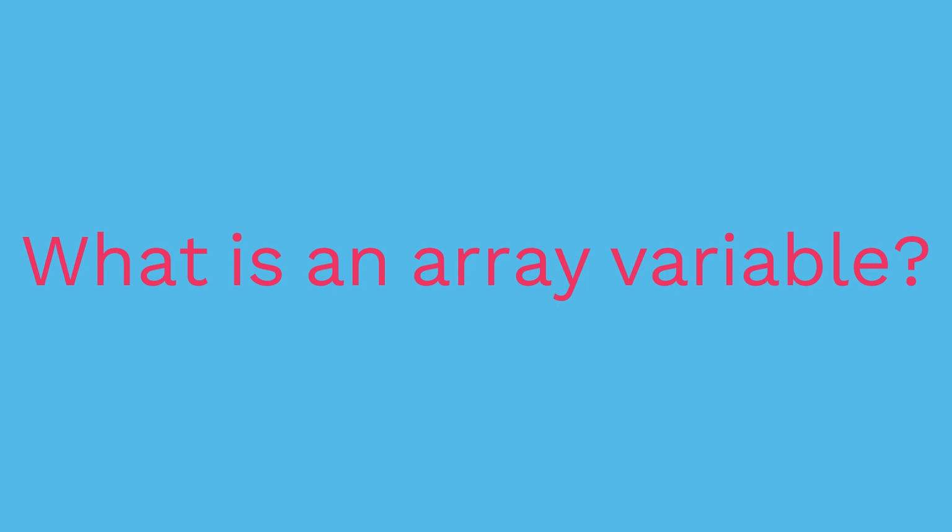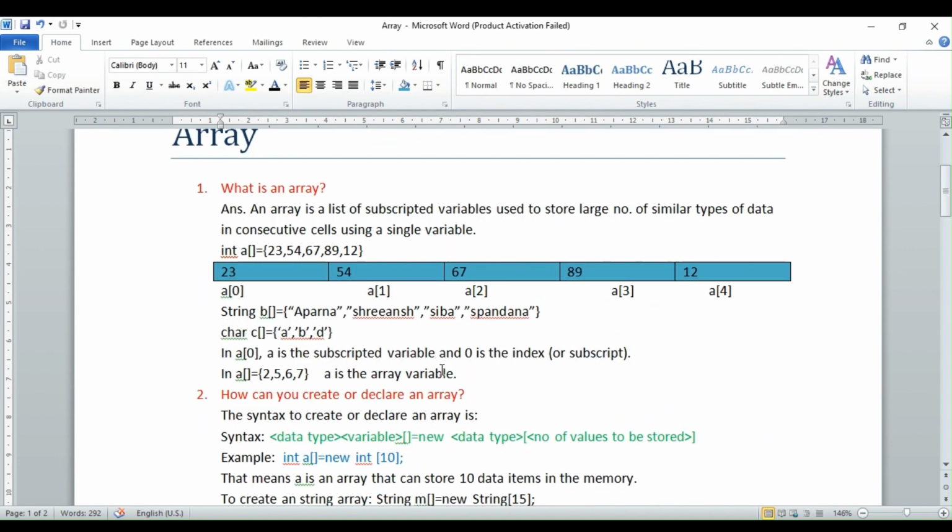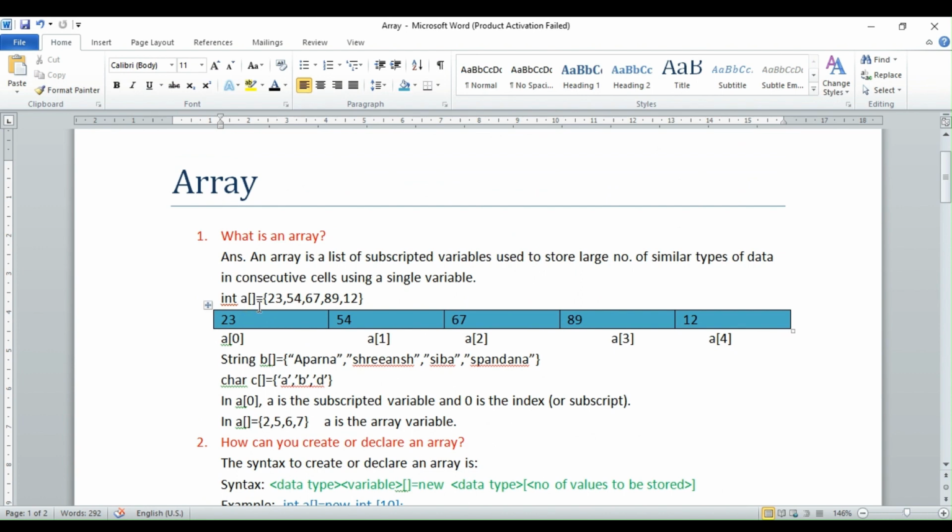What is an array variable? The normal variable used to create an array is known as an array variable. That means here A is the normal variable, but it is used to create an array of 5 elements.